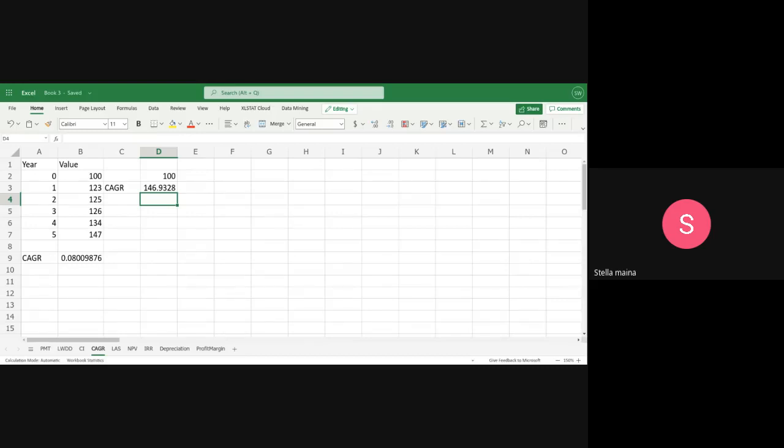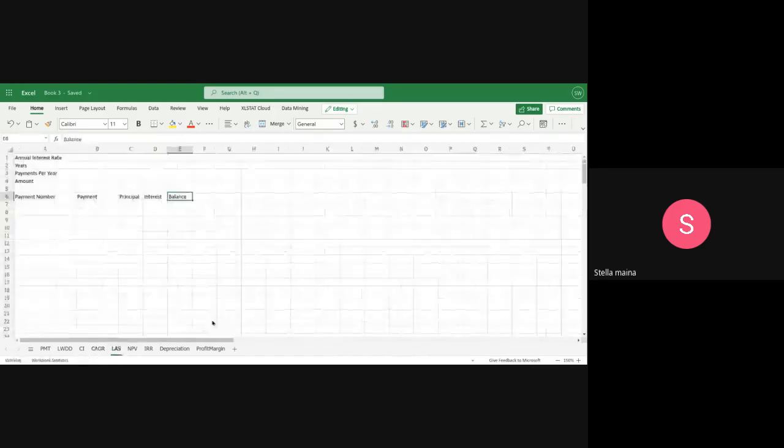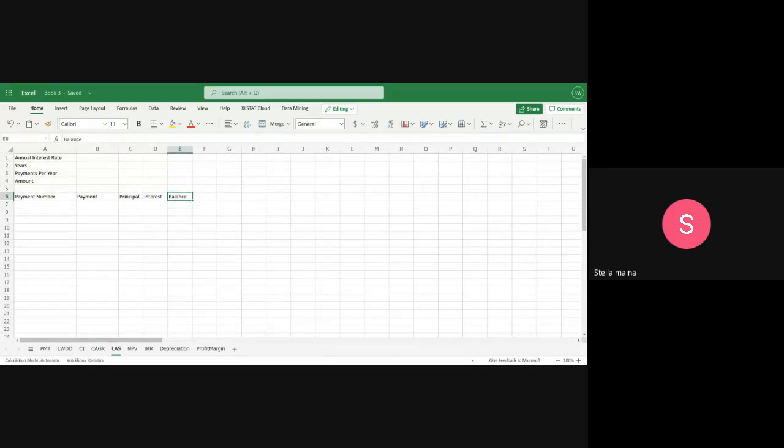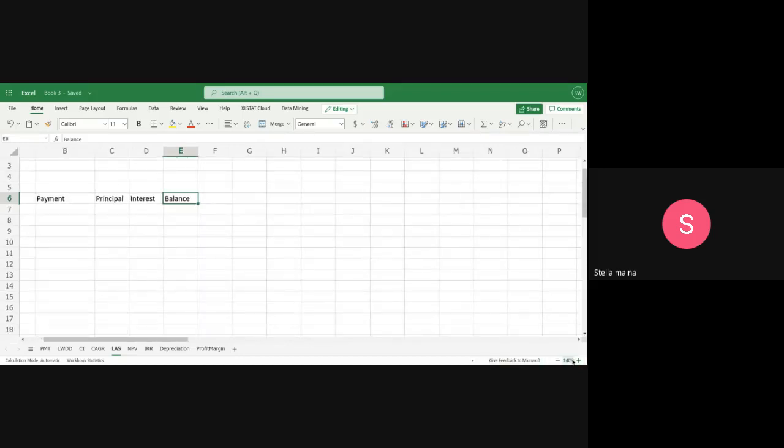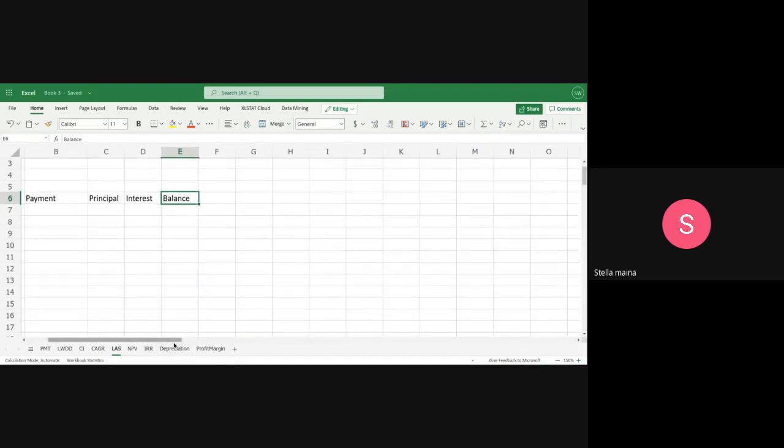So let us look at the loan amortization schedule. I'm going to zoom out to make sure you're able to see.